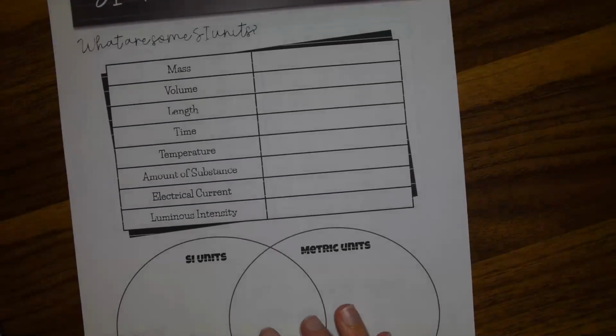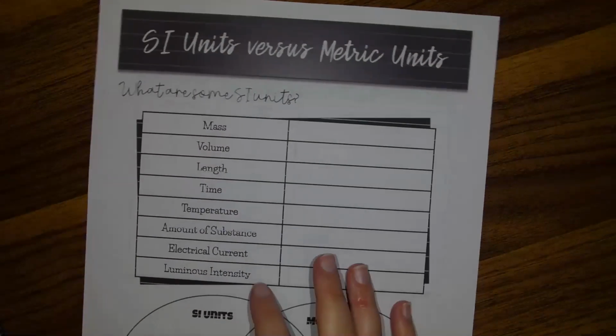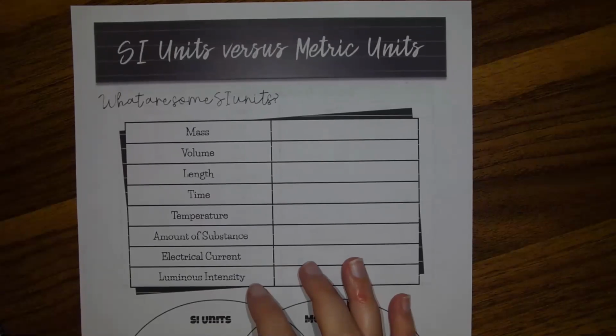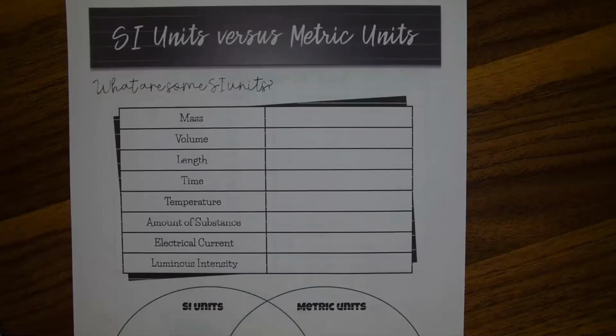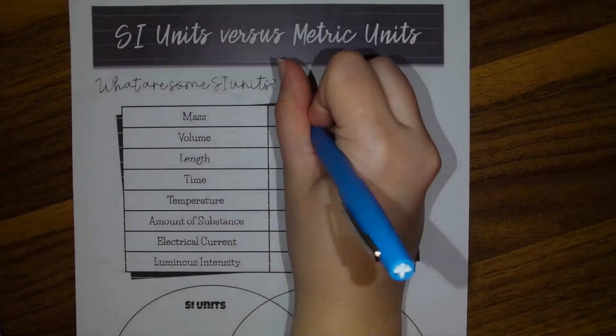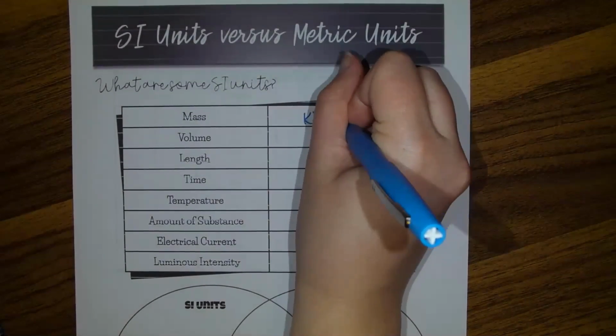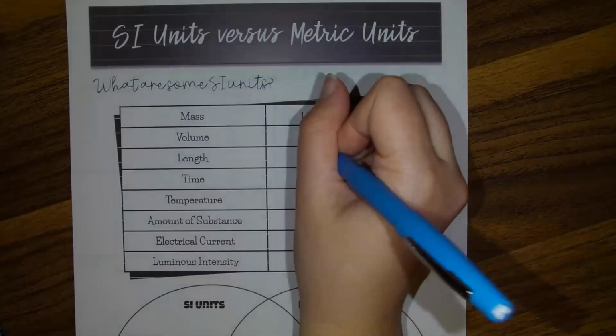Okay, so we have what we call standard units, standard international units, and metric units. Not everybody uses the exact metric system anymore, and it's really similar. Most of the time, the metric units are going to be pretty much the same. The only difference is, for instance, we have kilograms for the SI units.